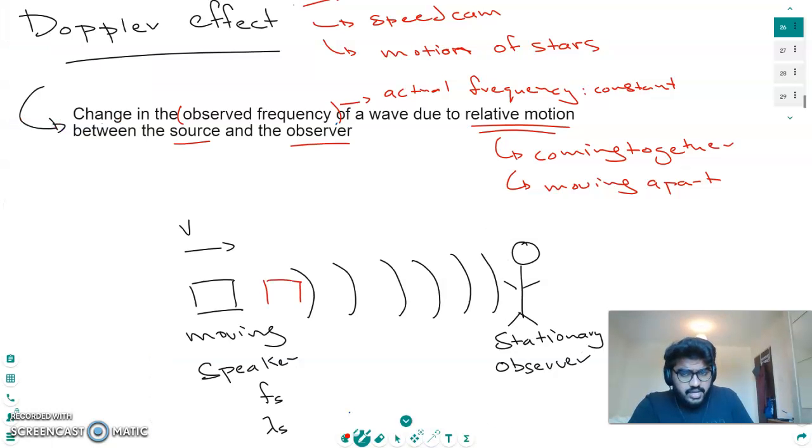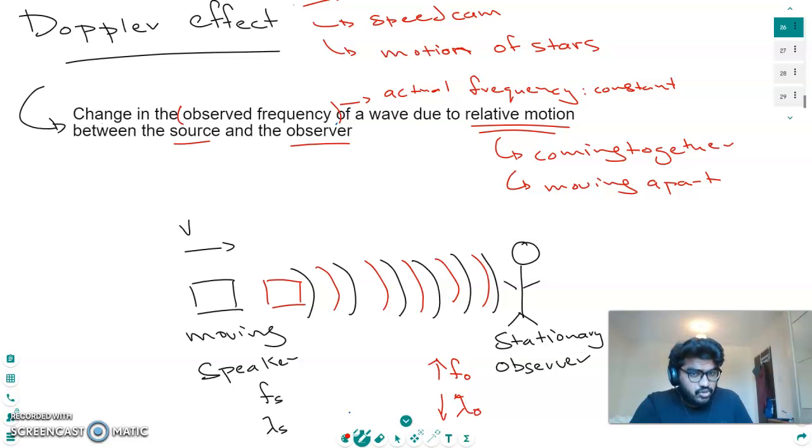But now, at the second moment in time, what you notice is that as the speaker moves forward, it releases the same sound waves that have the same frequency and the same wavelength. But what happens now is, you as the observer, you observe variations in the characteristics of the sound waves. So as you can see here, based on this wave plane, the frequency of the sound waves, f_O, which is the frequency that you observe, appears to have increased, while the wavelength of the sound waves that you observe appears to have decreased.